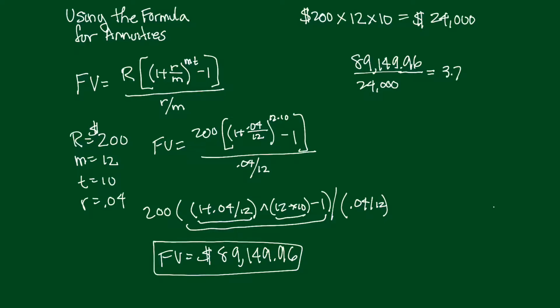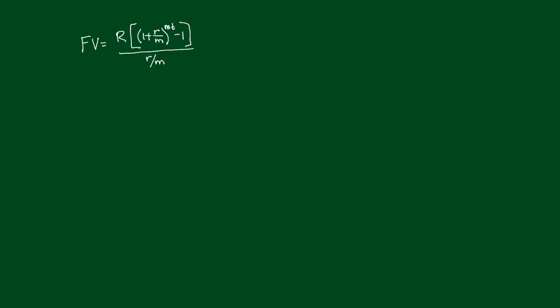So if we make the investment, we're going to get about 3.7 times as much. Can you read that? 89,149 is equal to 3.7 times the 24,000. So if I just read the language, it says that our 89,149 is 3.7 times just putting it into a box.